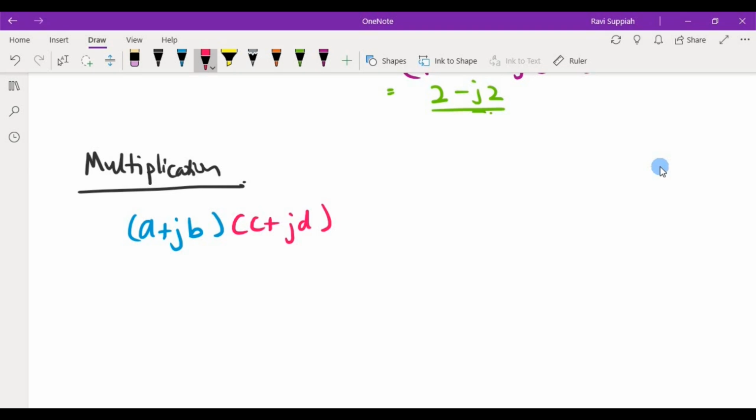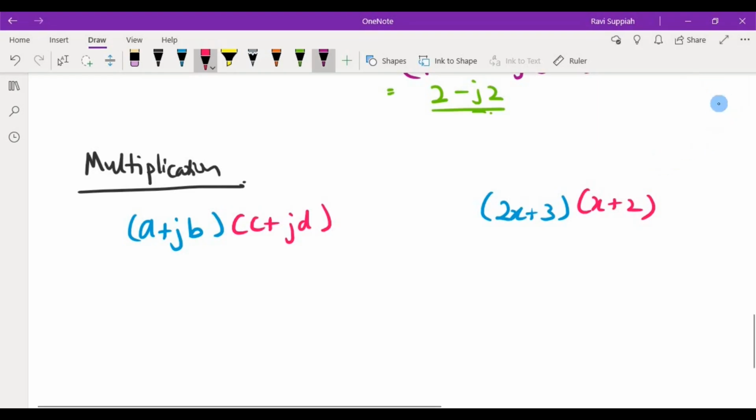To do this, you follow the same approach as how you would perform the expansion of two normal algebra expressions. For example, if I give you 2x plus 3 and the second expression as x plus 2, how would you perform this expansion here?